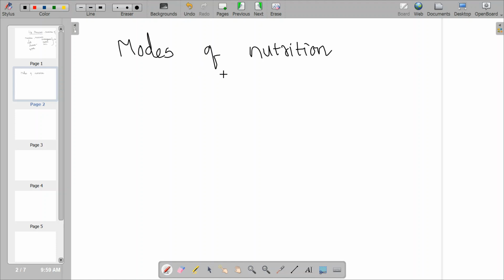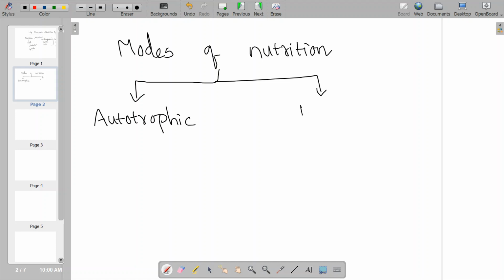We can categorize the modes of nutrition into two major types: autotrophic nutrition and heterotrophic nutrition.